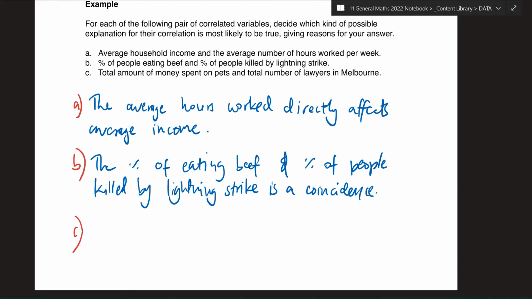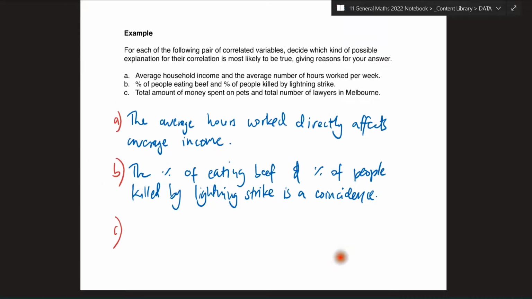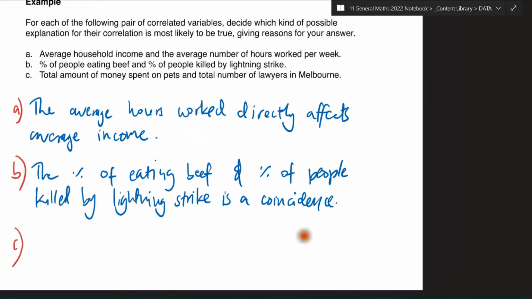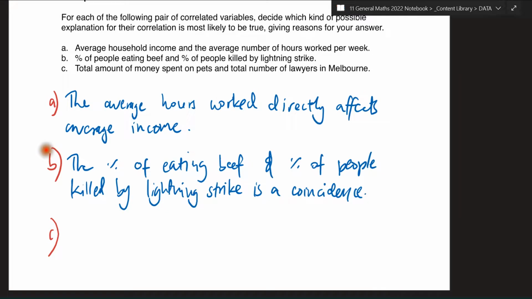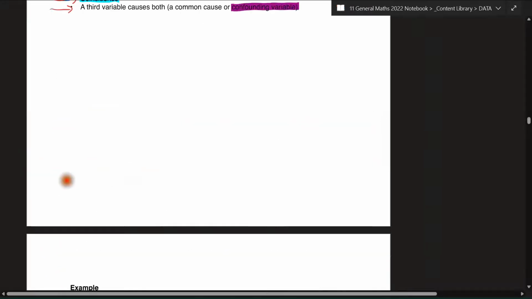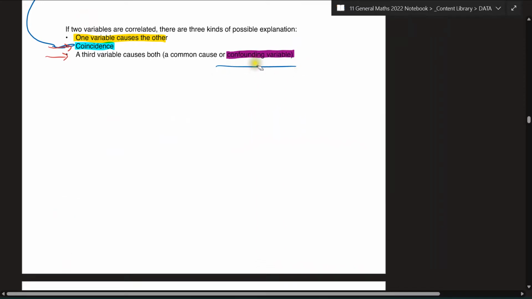Maybe the lawyers all have pets and they all want pet insurance, or maybe because everybody has pet insurance and people's pets are getting into accidents, they're getting more lawyers to help them. We don't know exactly what the variable is, but you can justify by saying there is a confounding variable.